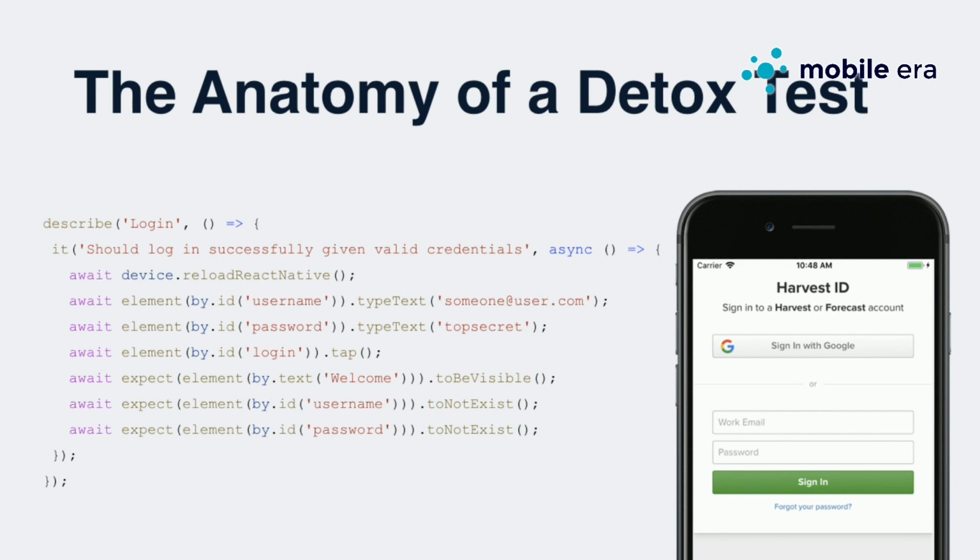And then a typical Detox test starts out with just reloading the application to reset its state. And then you can search for elements by ID and enter text or interact with them, tapping login buttons. And then in this case, you would perhaps expect some sort of welcome message after you log in, and you're also expecting that the username and password form should be gone.